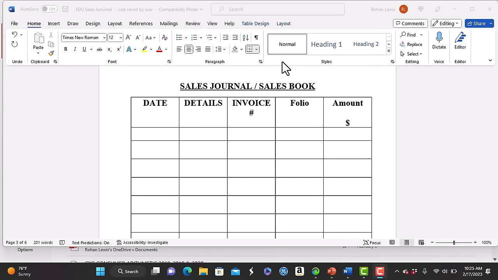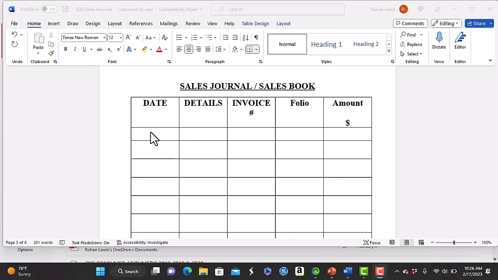So here we have a blank sales journal, also called a sales book, and the columns, one for date, one for details, also called particulars, one for invoice number, although in this example we do not have invoice numbers, one for folio, and one for amount.